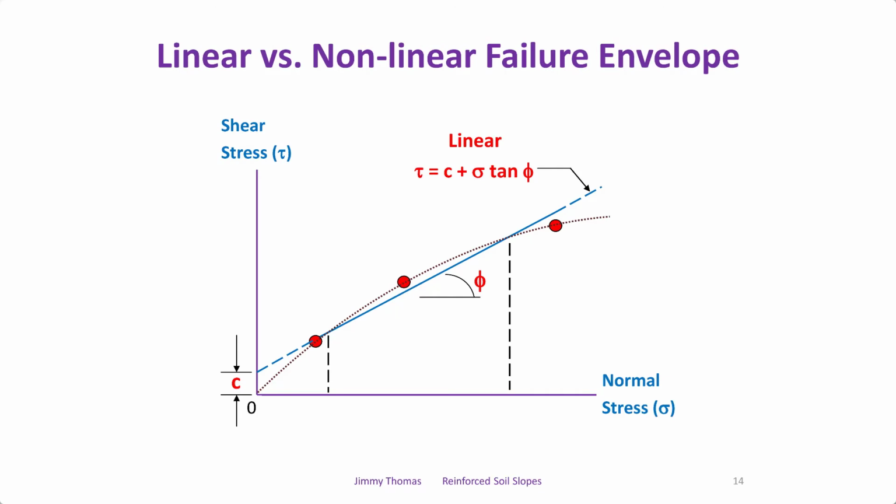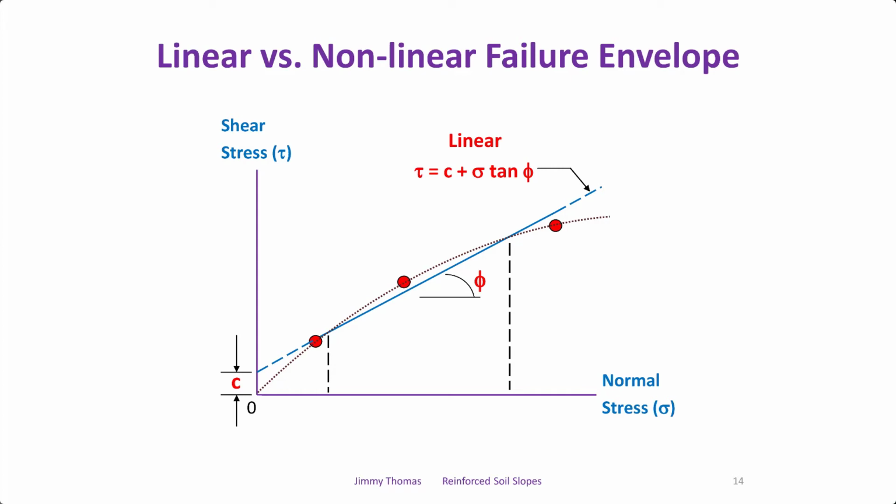Another simple thing: suppose we do a direct shear test. We do it at 3 or 4 values of normal stress. Normally we draw a best fit straight line, and we call this cohesion and this friction angle. So we give a physical meaning.